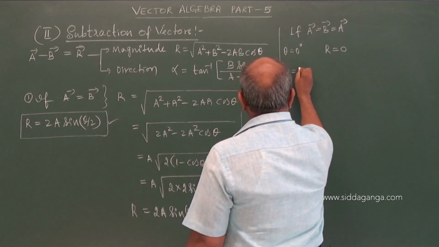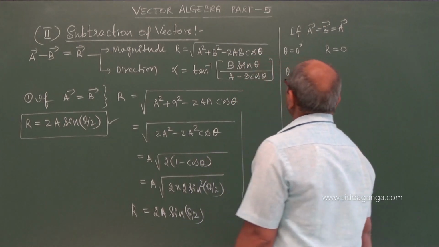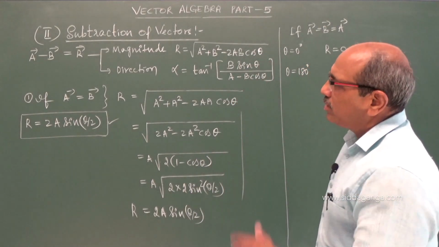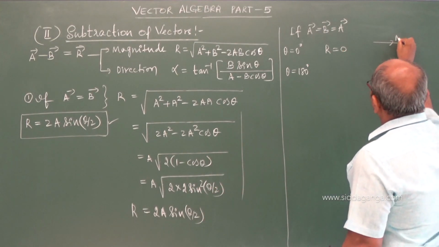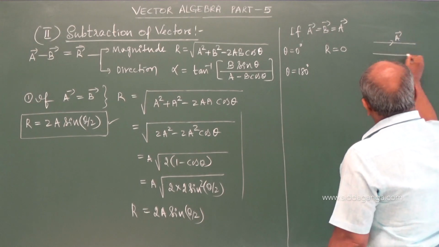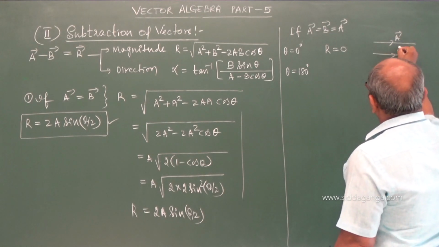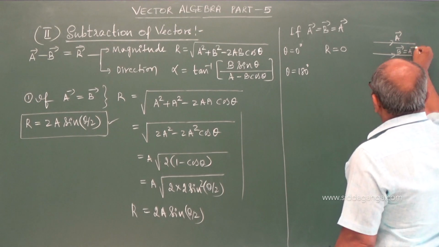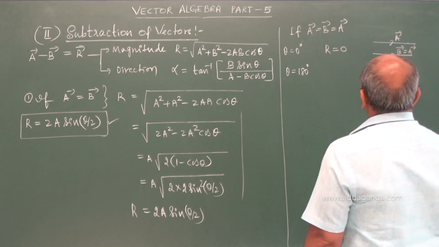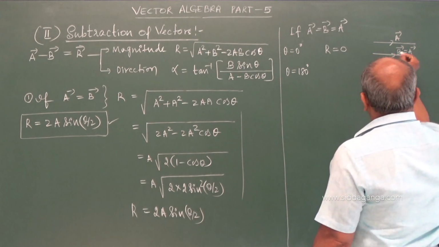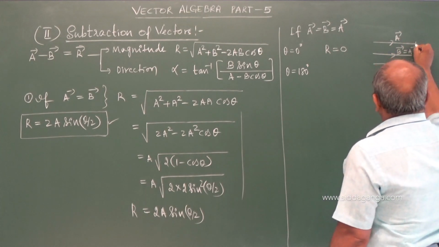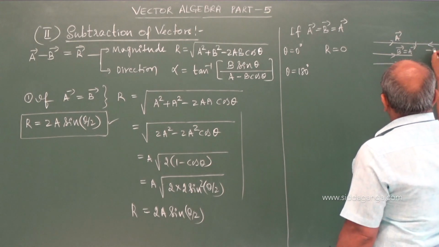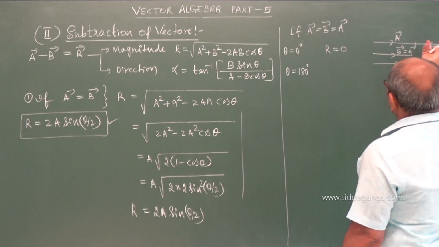When theta equal to 180 degree, theta 0 means A and B are the same, A and also B which is equal to A. But when I make minus B and add, equal magnitude, they mutually cancel.